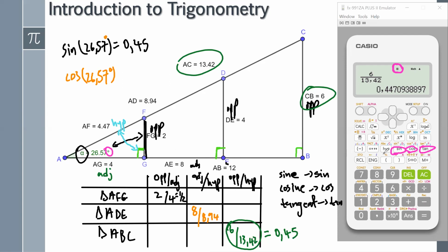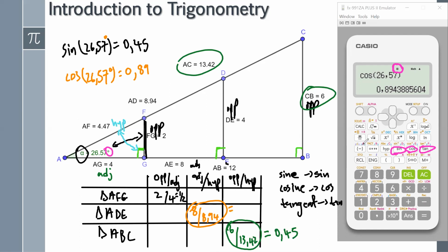Again, if I do cosine, I want you to see what happens then. If I go cosine 26.57, we get a value of 0.89. Now, let us take this ratio here and see what it gives us.